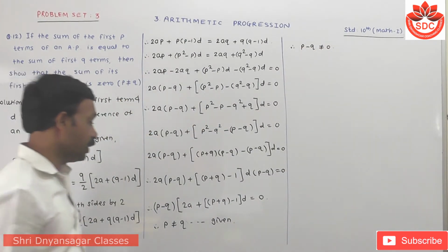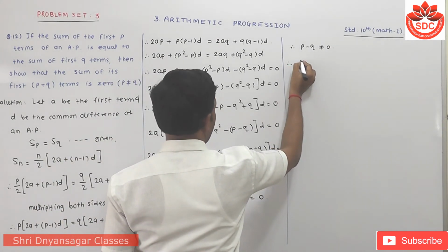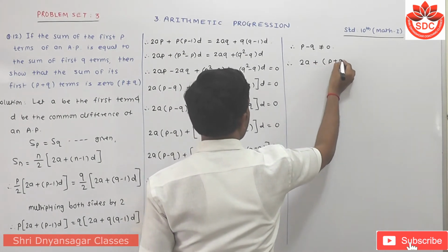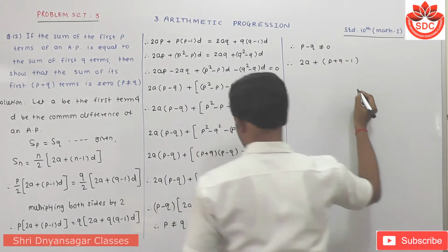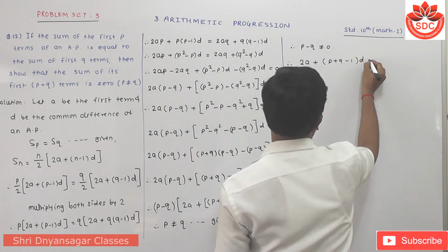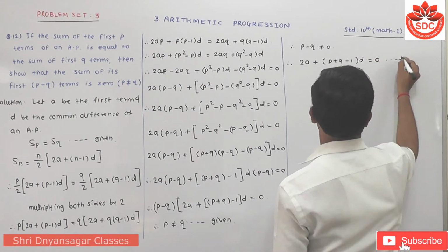That means the remaining term is 0. Therefore, twice a plus in bracket p plus q minus 1 into d is equal to 0. Now let it be equation number first.